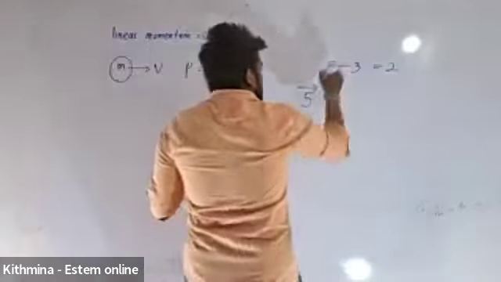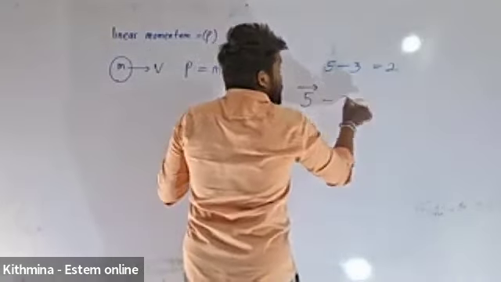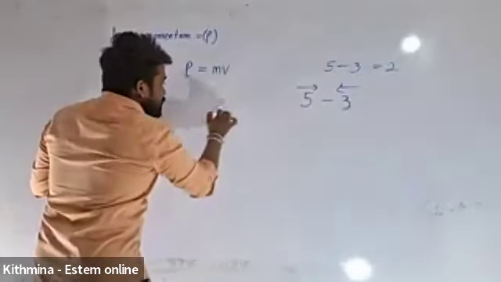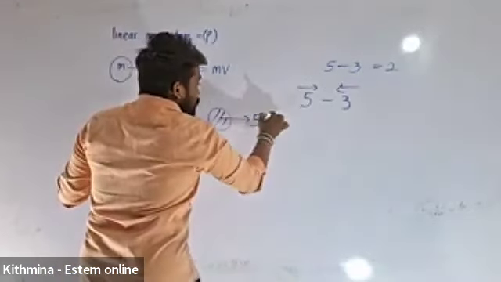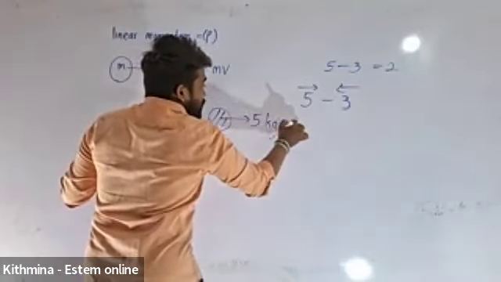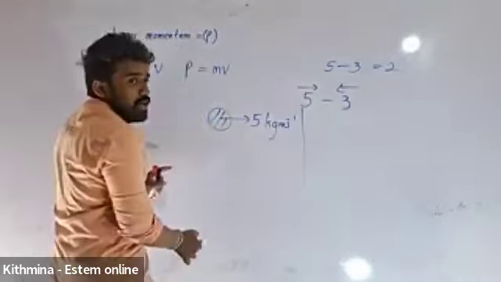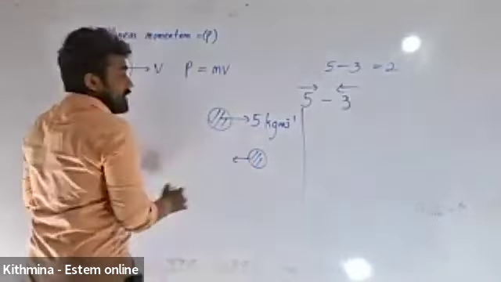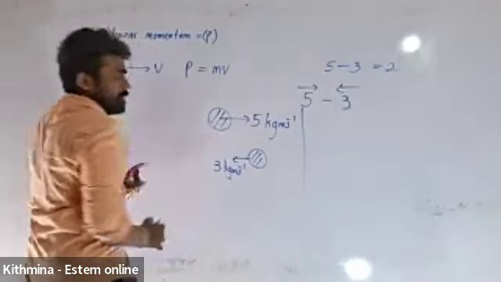If we subtract 5 minus 3, think these are momentums. The ball is traveling this way with a momentum of 5, and we know the unit is kg m s^-1. It hits this ball, and think it comes in this direction with 3 kg m s^-1.